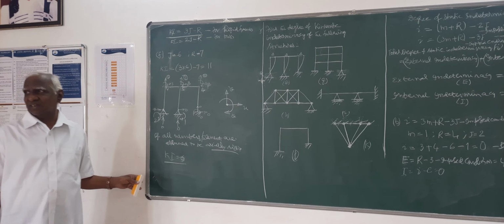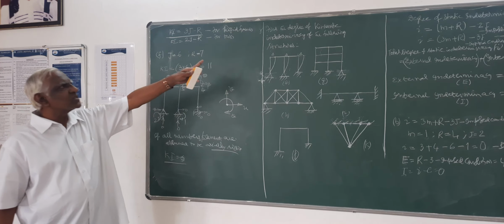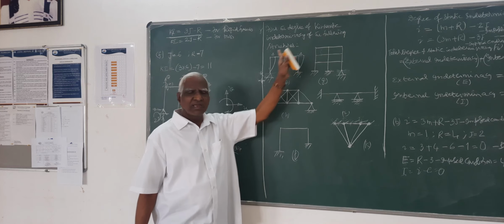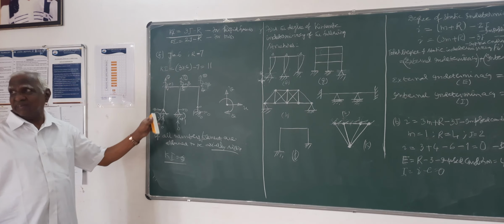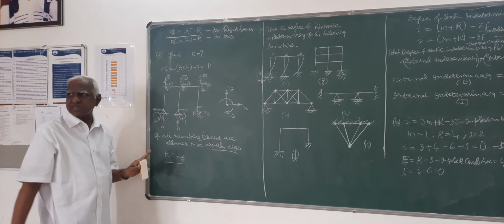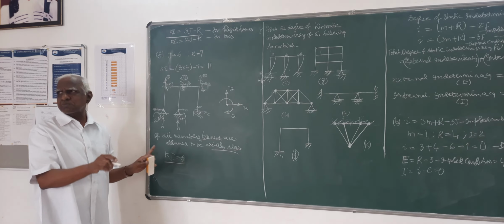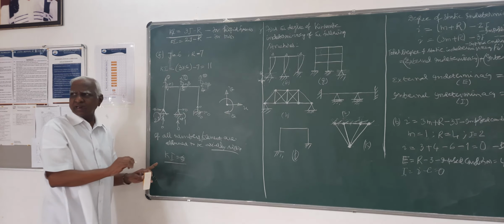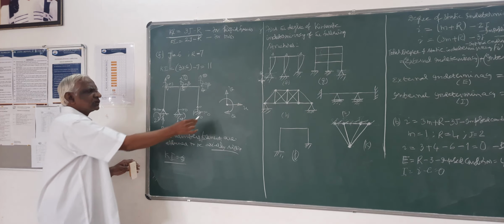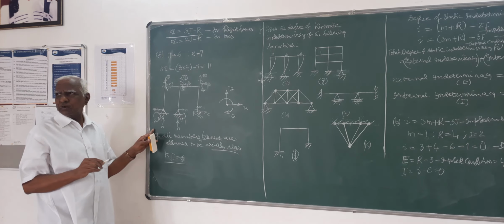Here, this is another thing which you have to remember. If you give me the problem, assuming members to be axially rigid, find the kinematic indeterminacy, then you have to do this sketch. First, mark all possible displacements and then go on numbering which displacements are possible. 0, 0, 0 here, because possible displacements are 3 at each joint. So here no displacements possible, here only 1, here only 1, 2.